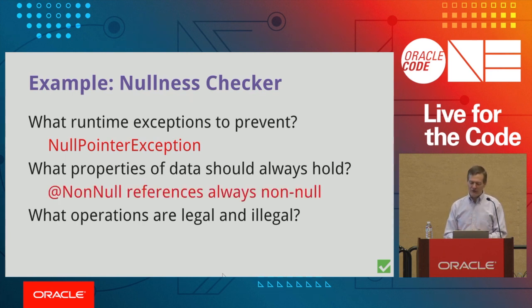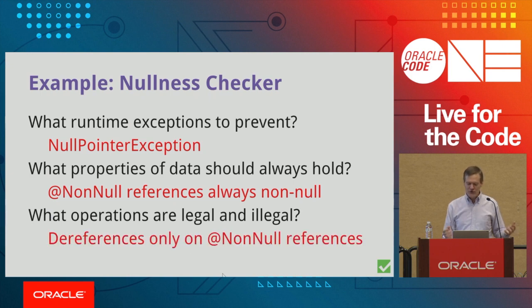And then non-null references are always non-null. And so what operations do we want to permit or prohibit? What operations do we want to prohibit? Do we want the compiler to stop you from even compiling that code? Exactly. You should only dereference non-null references. And also in synchronized blocks, and there are about 9 places you shouldn't use null in a Java program. The checker knows them all.